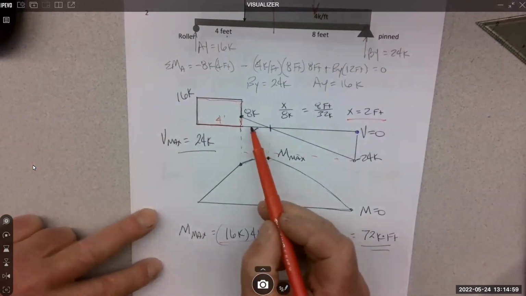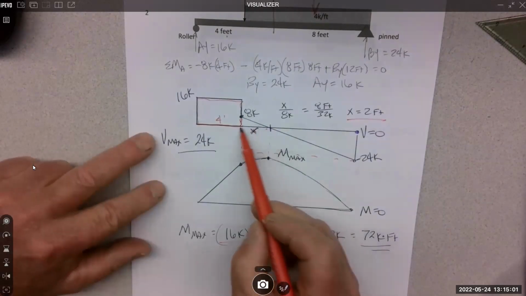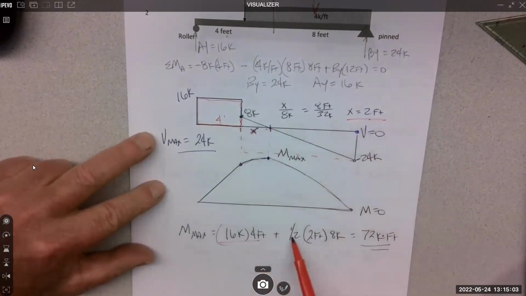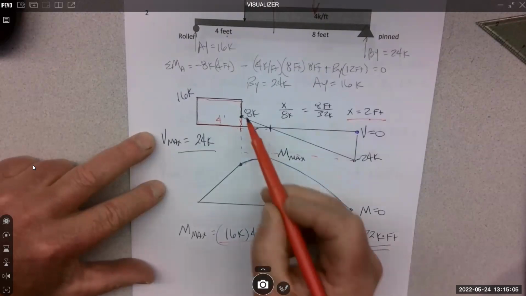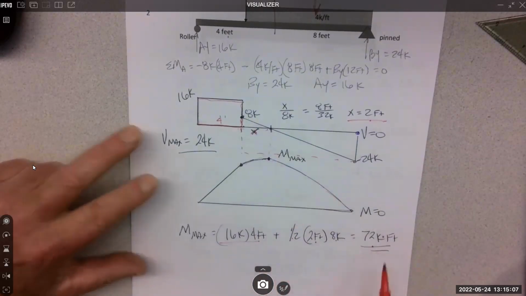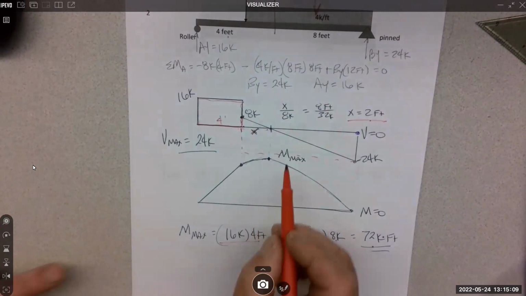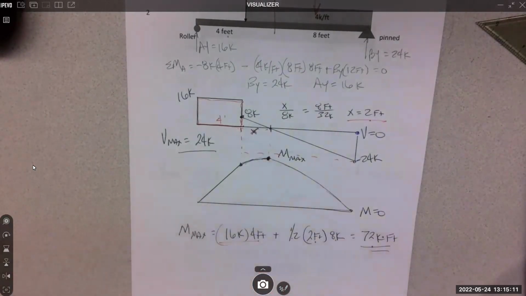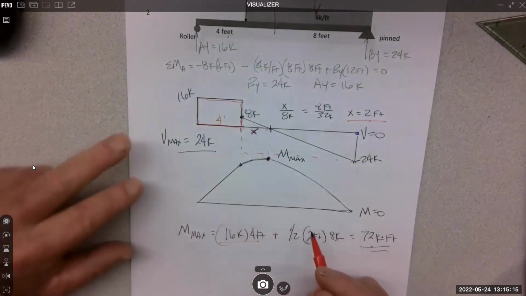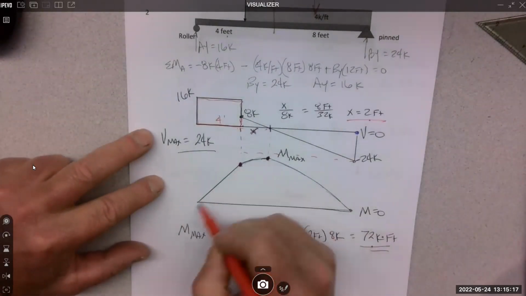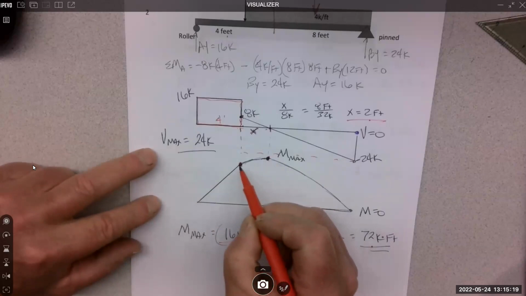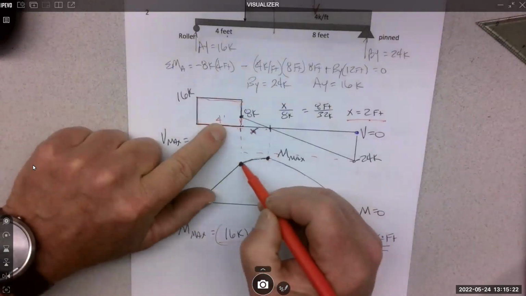And then this little triangle, 1/2 the base was 2. So 1/2 of 2 times a height of 8 gave me 72 kip feet for this max moment. The other point for the diagram to be accurate would be here, where it transitions from a straight line to a curve, and that would be 4 times 16 to get this moment.